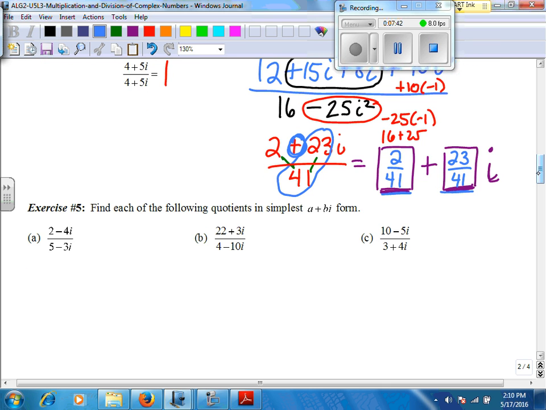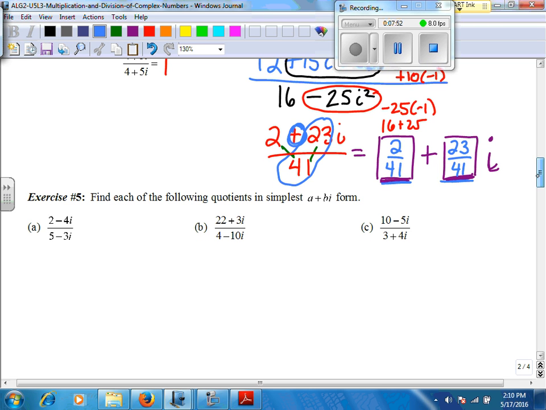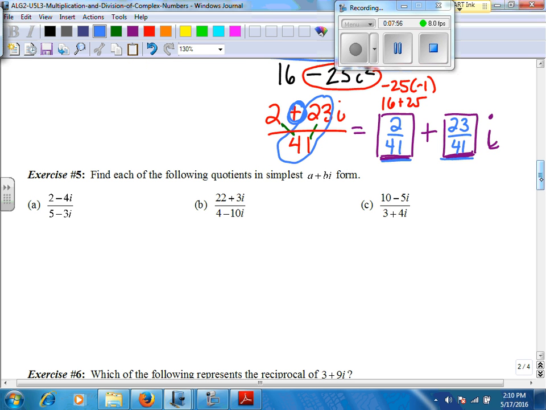So we'll do one more together, but I think once you can do one of these, you can do any of these. So let's jump down to, let's see, we just did one where we multiplied by a plus. So we'll do 5a, keep going in order. Here, multiplied by the conjugate, 5 plus 3i.